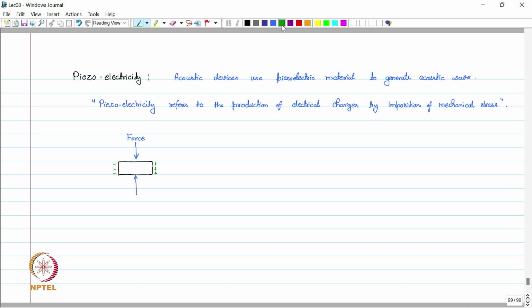So we get a net potential difference which we can measure using a multimeter or some other measuring instrument, if we connect it to this side.